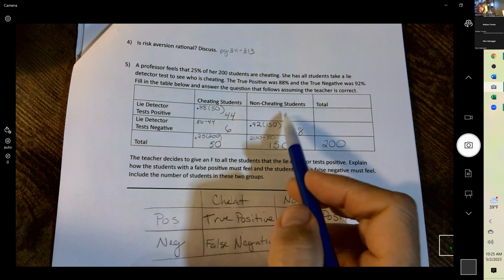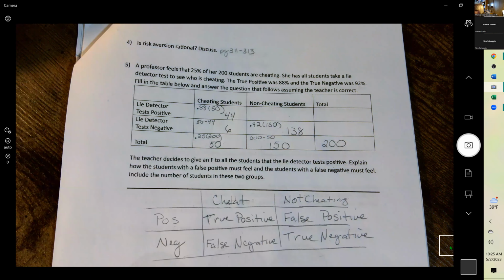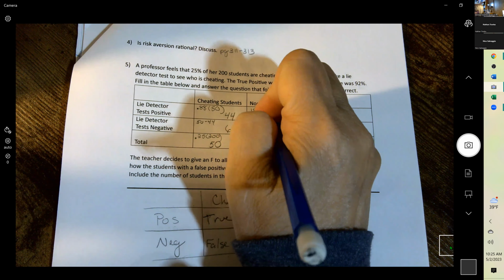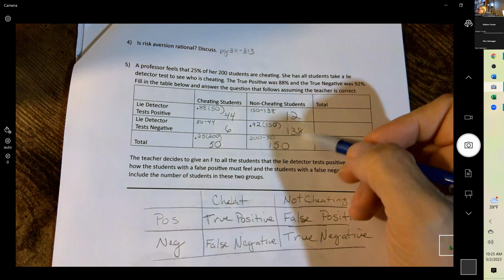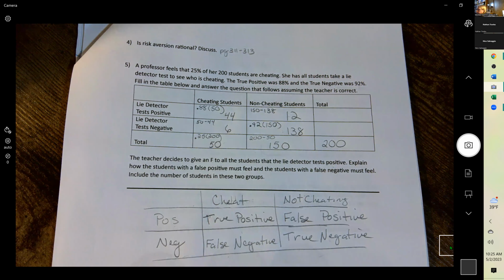And then finding the last one on the top. Yep, 12. 138 gives us 150, and then you just need to add across.